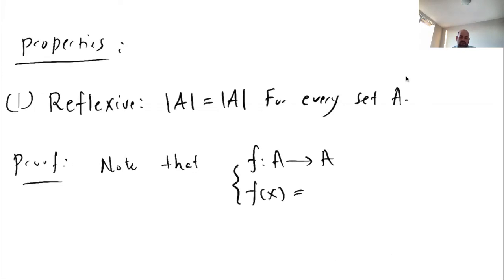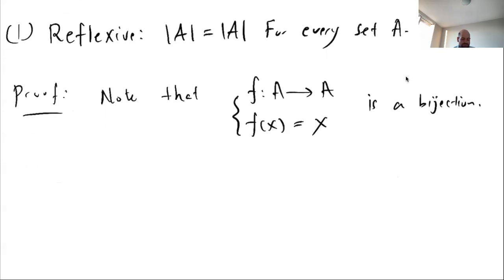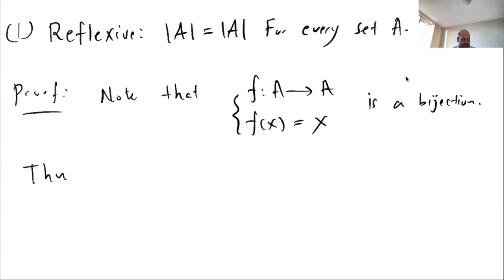The easiest type of bijection we can define is the identity function. f of x equals x is a bijection between a set A and itself. Because it's one-to-one and onto, right? It's very easy. If you want, you can easily check that the identity function f of x equals x is one-to-one and is also onto. And thus, cardinality A equals cardinality A.